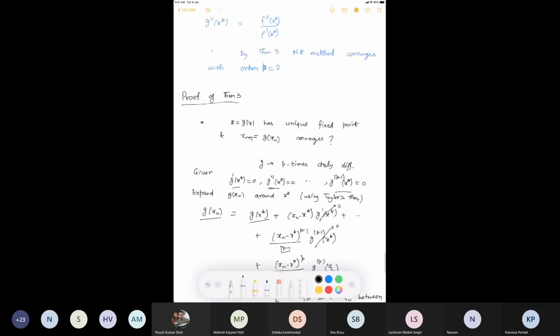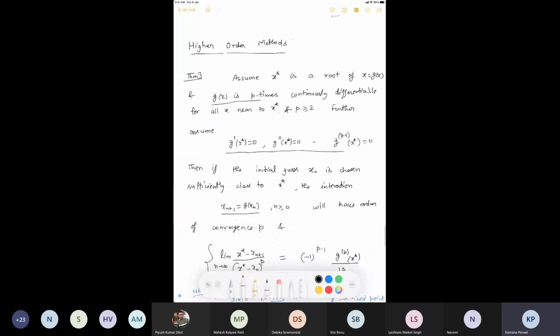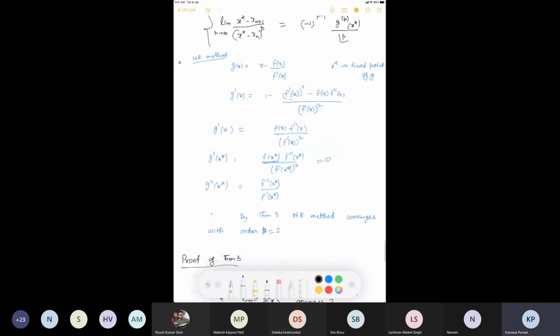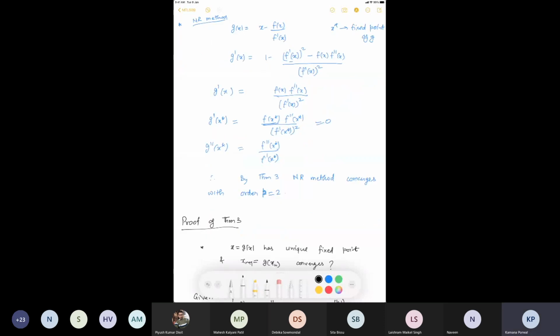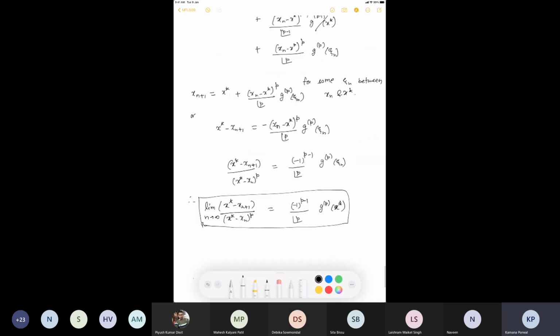All right. So we are going to use this result further. What we will observe is that so far, in the case of Newton's method, we got the order of convergence to be 2, and with the secant method, we got 1.62. But we had an assumption there.